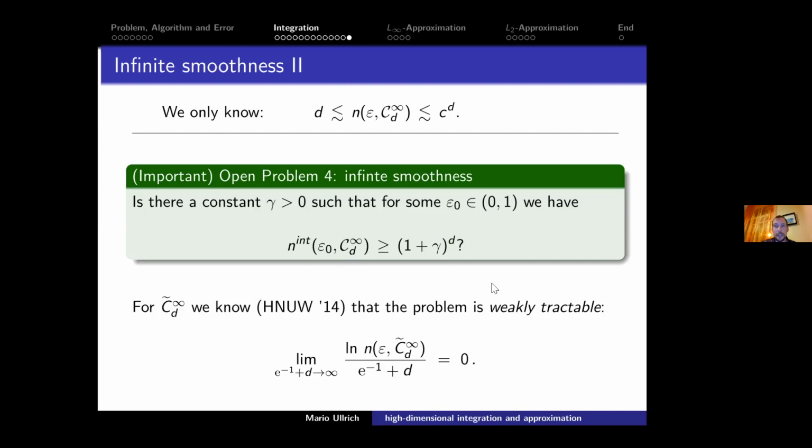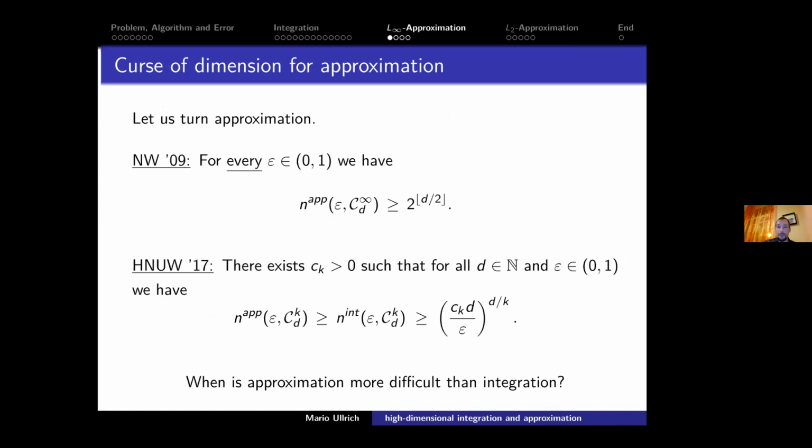Okay, so now we had some open problems on integration, and we learned something about integration, so let us go to approximation. And to some extent, interestingly, we know a bit more in the approximation case. So what is known in the approximation case, depending on the dimension?